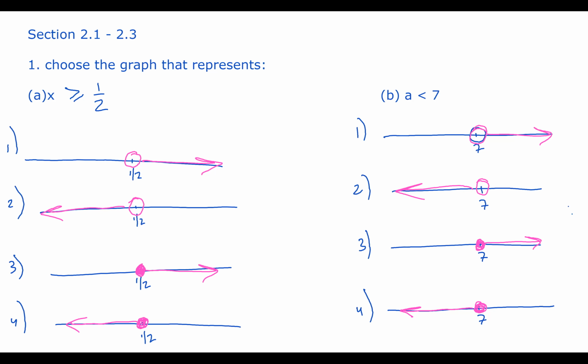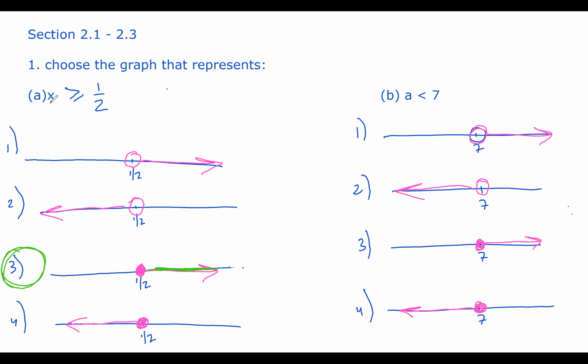I'm getting a lot of the options for item 3, right? And I agree with you. Yes, I absolutely agree with you. The answer there will be the 3. So this is the correct graph. Let's see why. This arrow over here tells me that I should take every single number to the right of a half.